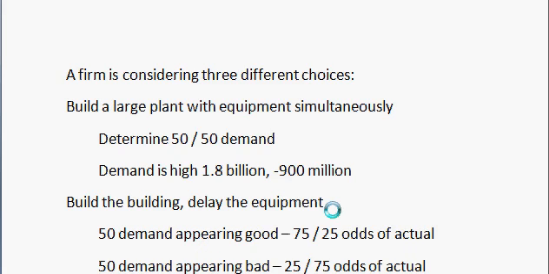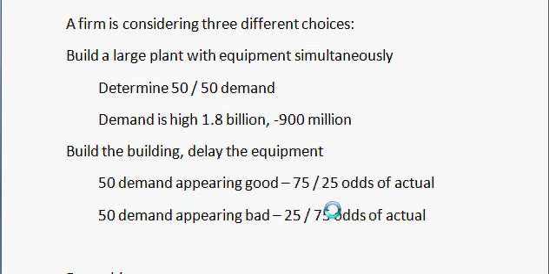Now the problem with waiting is that there is a 10% chance that another firm gets to market first because of the delay. That means we're out the cost of the building, but we can repurpose it for something else, so we essentially will treat that as zero.